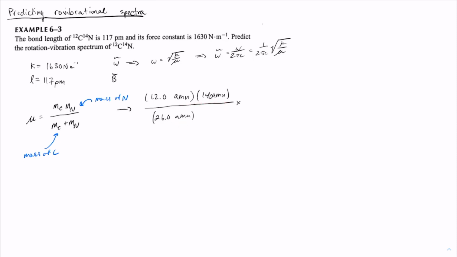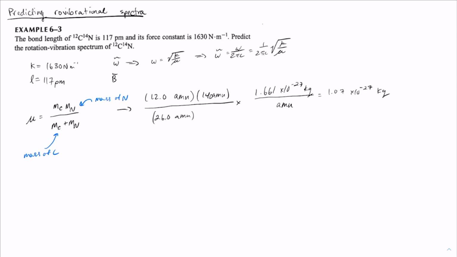So we multiply by the conversion factor, 1.661 times 10 to the minus 27 kilograms per AMU. When you do the math, this is equal to 1.07 times 10 to the minus 27 kilograms. That's everything we need to figure out mu.